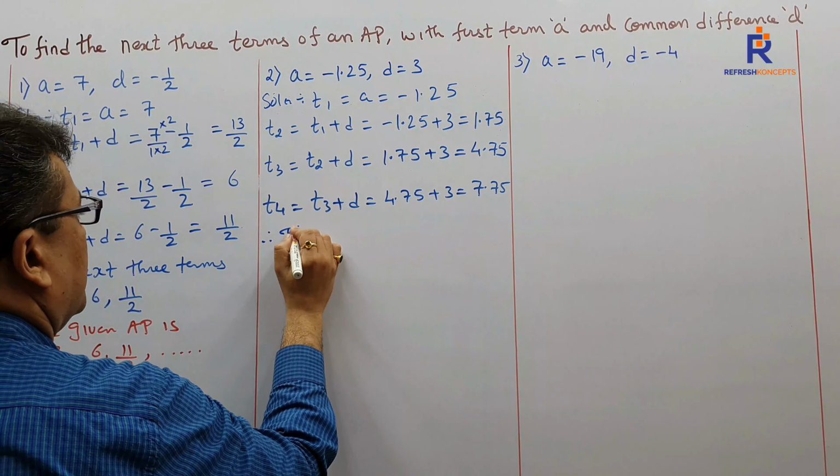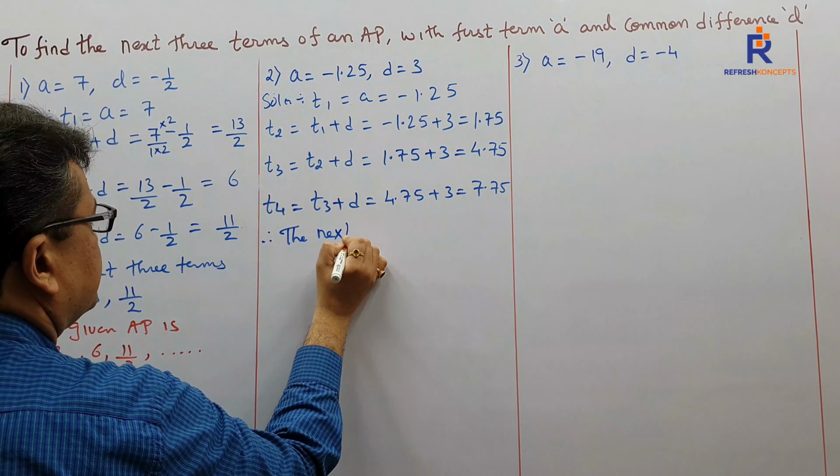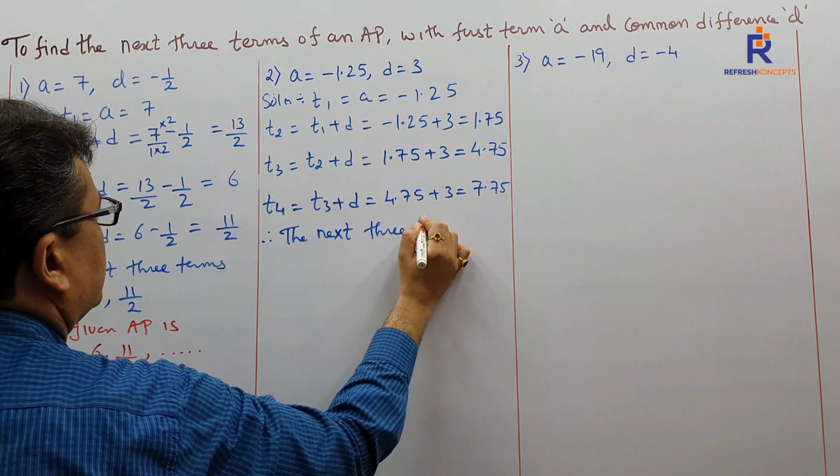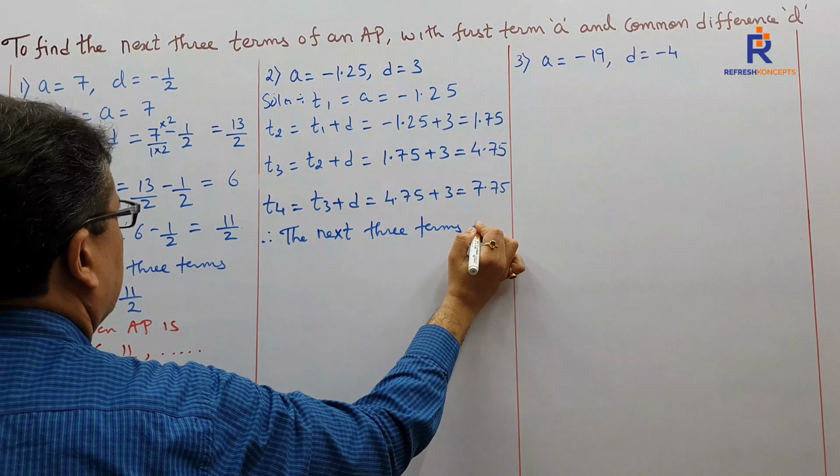Therefore, the next three terms, T2, T3, T4, are 1.75, 4.75, 7.75. And if they were to ask you for an AP, as in this particular question, I'm writing something extra.